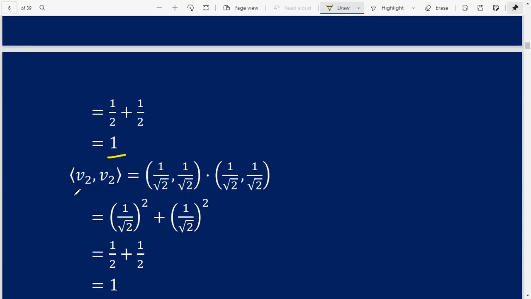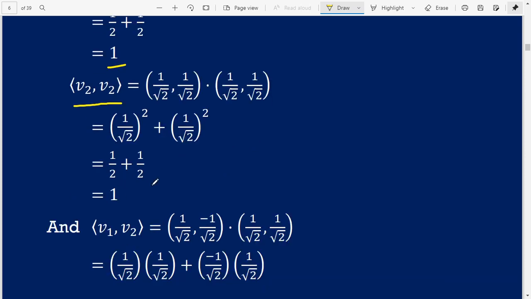And the inner product of V2 with V2 is equal to (1 upon under root 2, 1 upon under root 2) dot (1 upon under root 2, 1 upon under root 2), which is (1 upon under root 2) square plus (1 upon under root 2) square, equal to 1 by 2 plus 1 by 2, equal to 1.